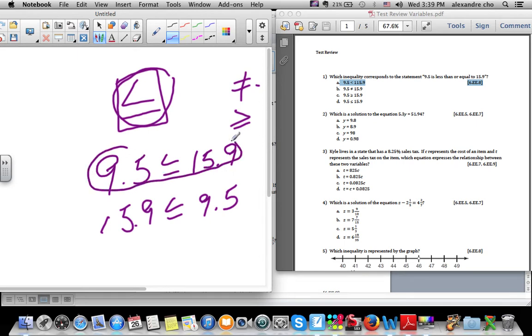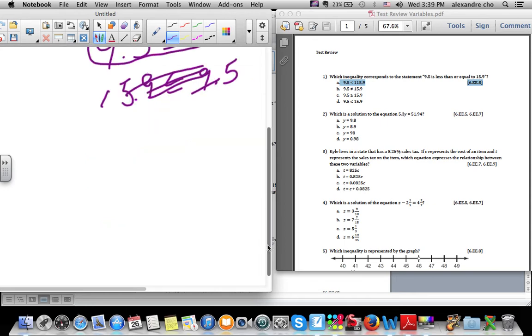This one says 15.9 is less than or equal to 9.5. Besides, it's not even a true statement. But since we don't have to worry about this, the only multiple choice question that has that symbol is letter D. How easy was that?